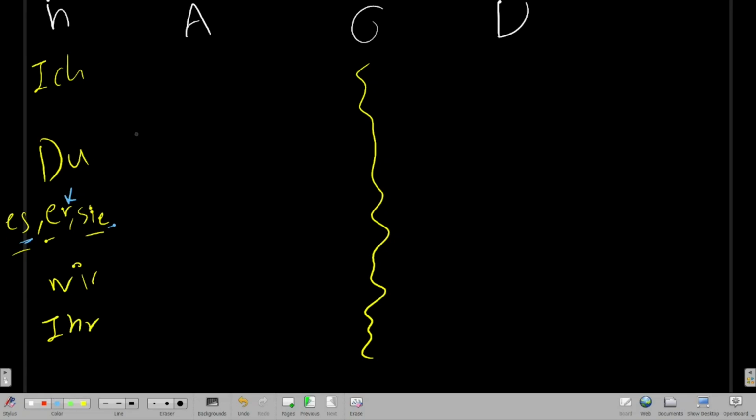So du here is sometimes called in linguistics a T-V language, like French: tu, I believe this is the correct way because I haven't studied it for like a year or two, and vous. Or like German, Russian, ты and вы.